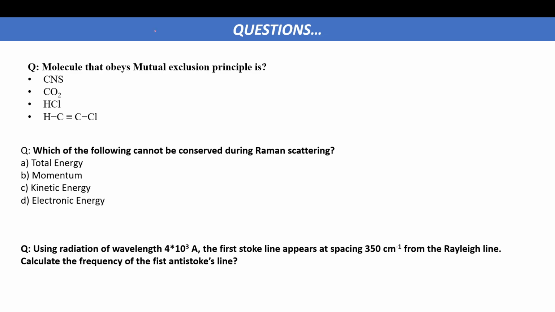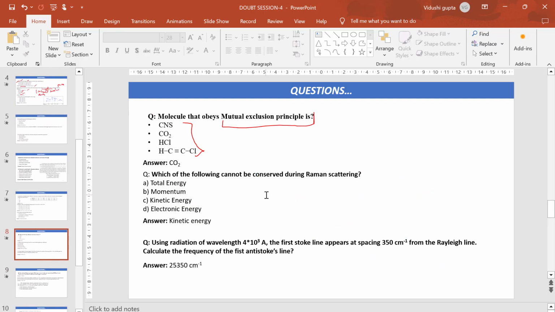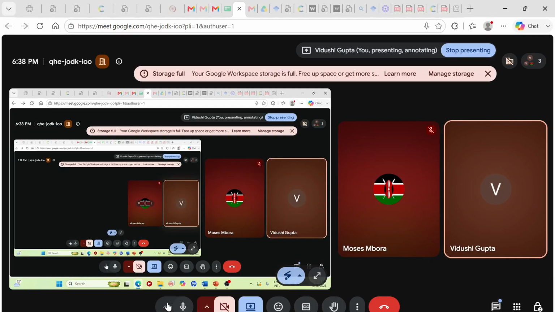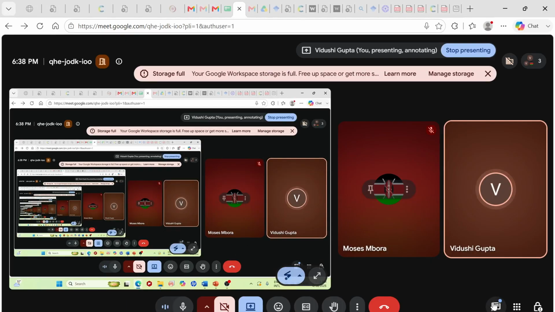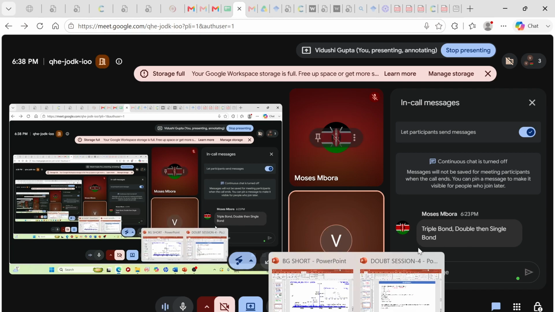Next, a molecule that obeys mutual exclusion principle: CS2, CO2, HCl, or CHCl3? So which will be the correct answer? We already discussed among these four. Moses, what will be the answer to this?